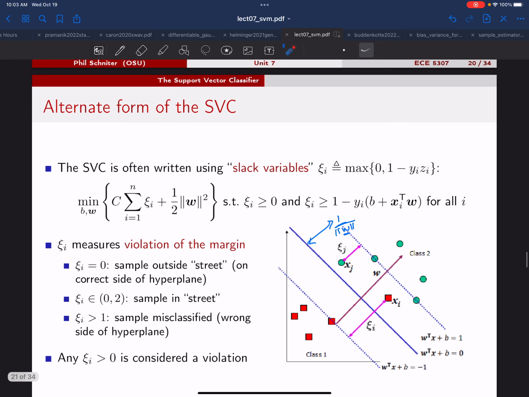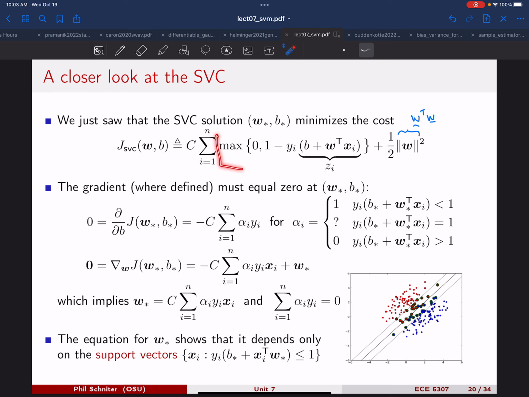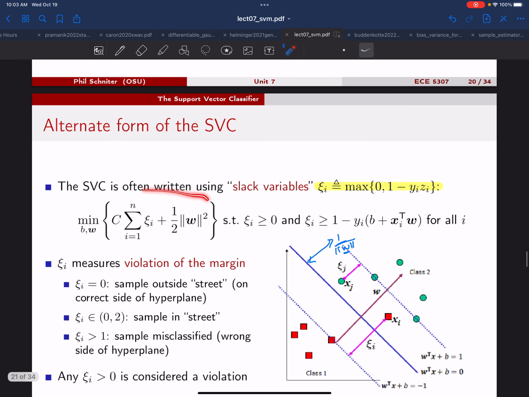Essentially the whole idea is to define this maximum of 0 or 1 minus yi, just define that as xi. So when we are thinking about this whole thing, we're just defining this as xi. In that case, you get C times the sum over i of xi plus half the norm squared.